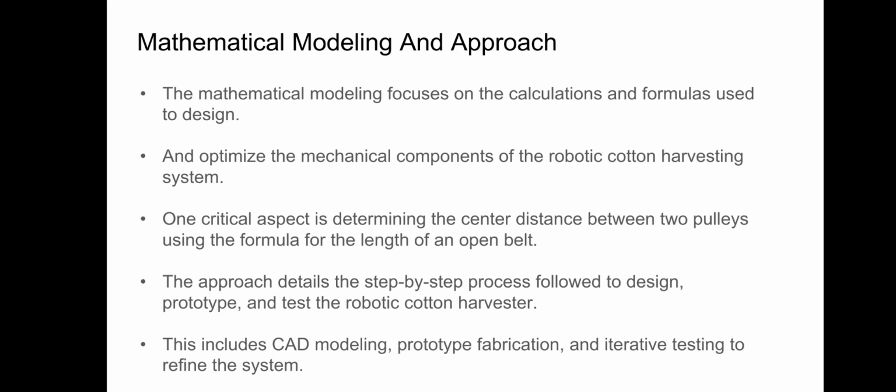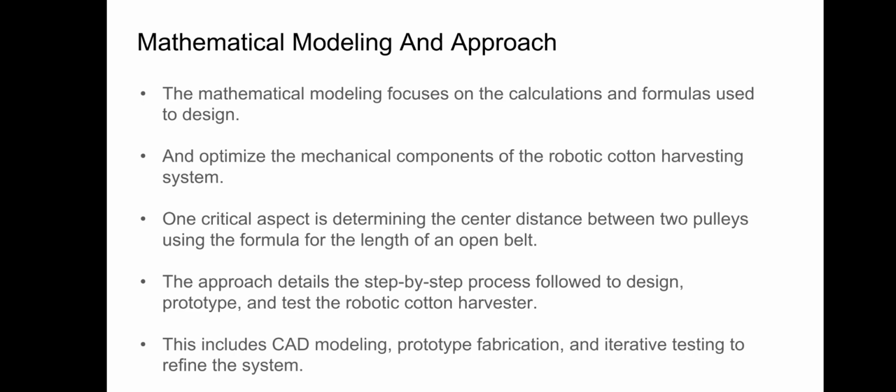In this process we are using an open belt for the full assembly of the cotton picker and effector, and this needs to be calculated with the help of mathematics, and the length comes out to be 82.77 mm.